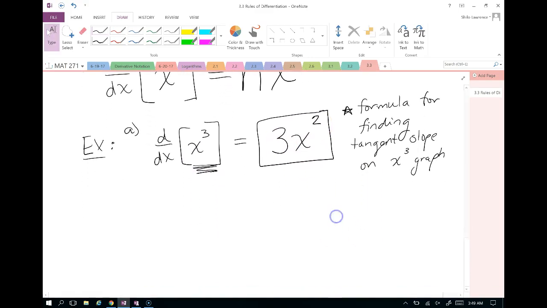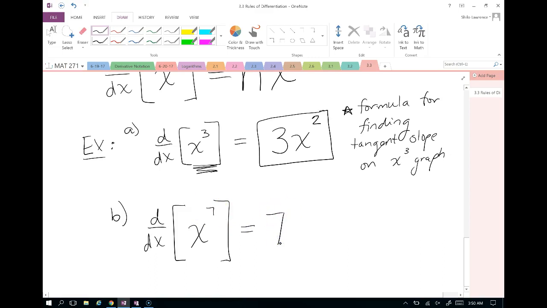And it would tell me what my tangent slope is there. The derivative for x to the 7th. It's x to a power. So the rule says bring the power out front as a coefficient, and then subtract 1 to get the new power. So 7x to the 6th.